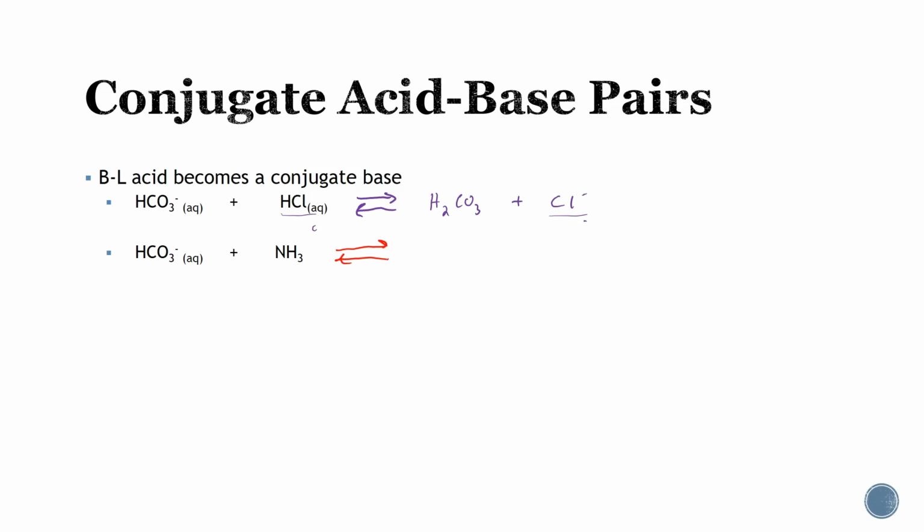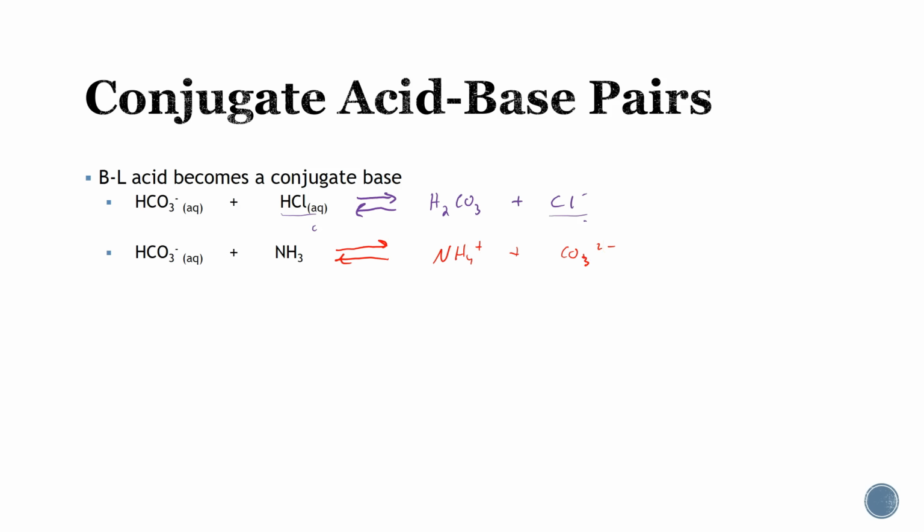In this case, we don't know whether ammonia is going to donate a proton or whether hydrogen carbonate, or the bicarbonate ion, excuse me, is going to donate a proton. So let's say in this interaction what I get is NH4 plus and CO3 2 minus.